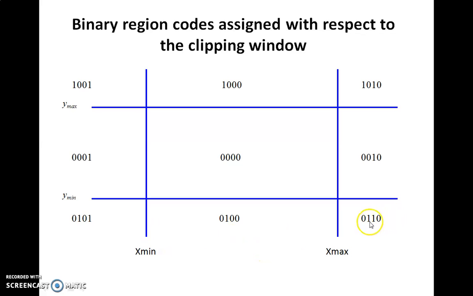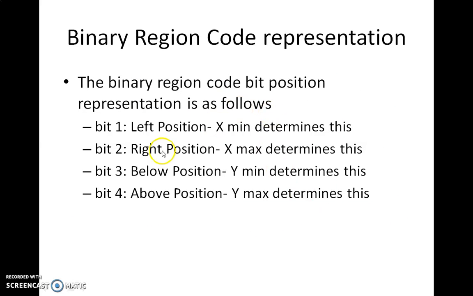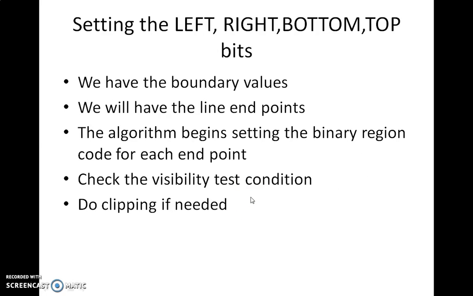So bit 1 is left, 2 is right, 3 is below, 4 is above, or you can say bottom or top. Bit 1 decides the x minimum value, 2 decides the x maximum, 3 decides the y minimum and 4 decides the y maximum value.